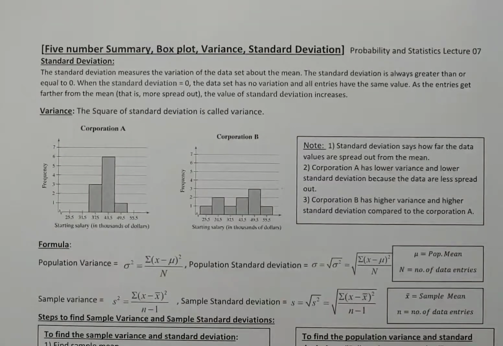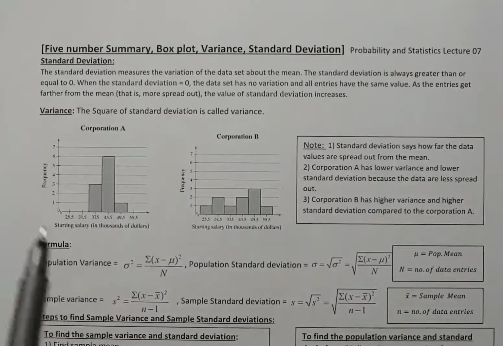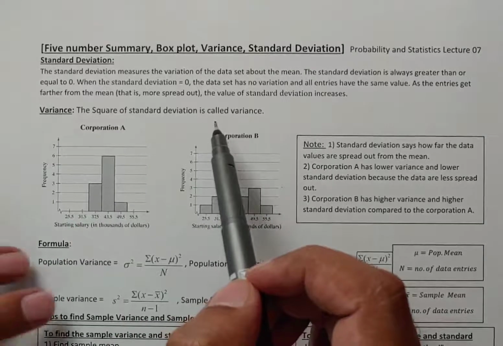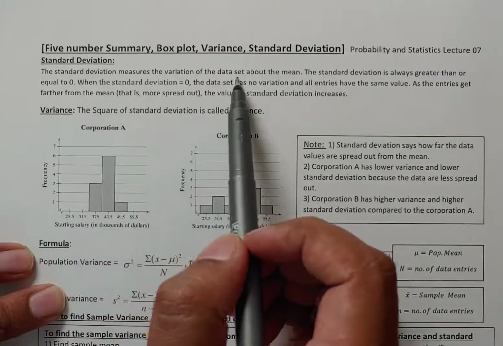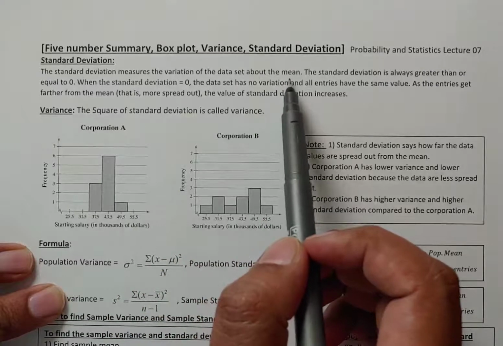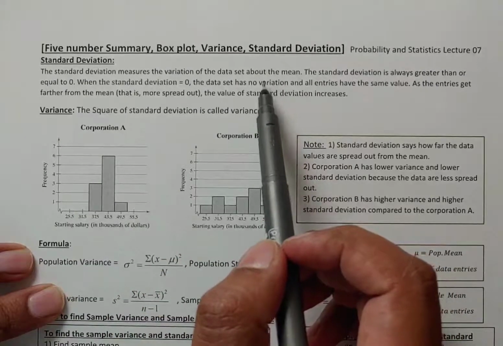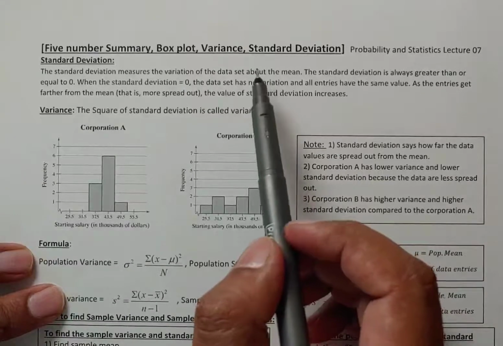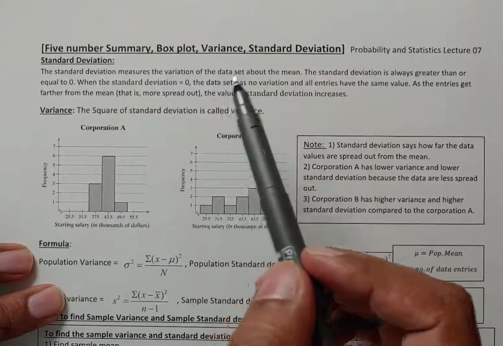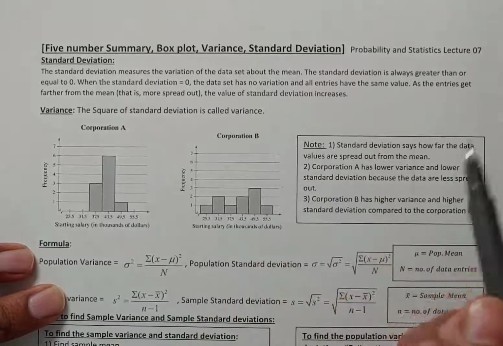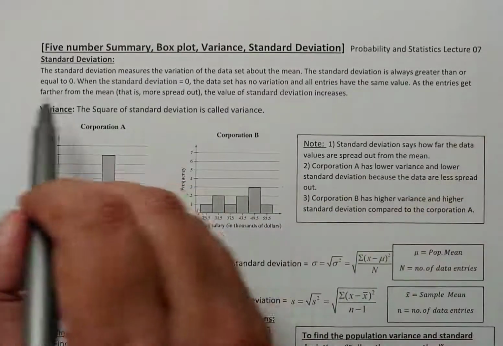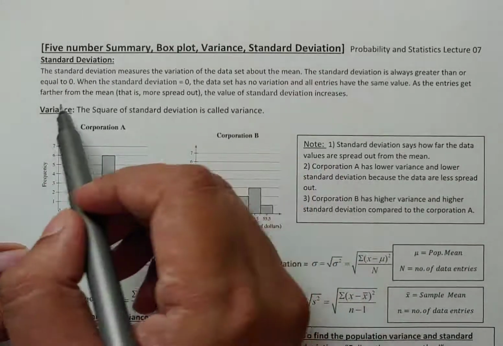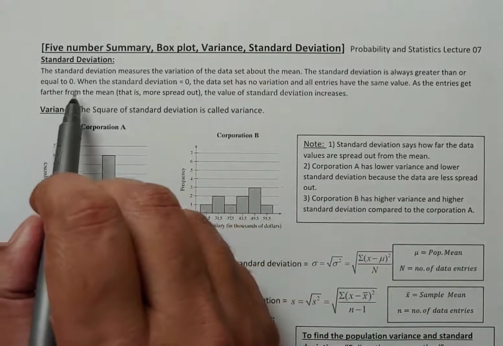Now, what is a standard deviation? Standard deviation measures the variation of the data set about the mean. How far are the data from the mean? That measurement is standard deviation. The standard deviation is always greater than or equal to 0.